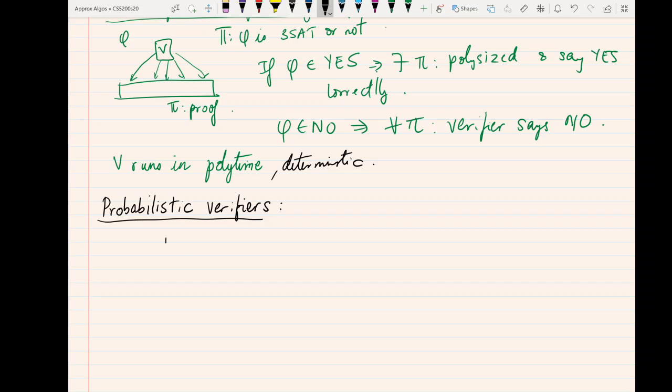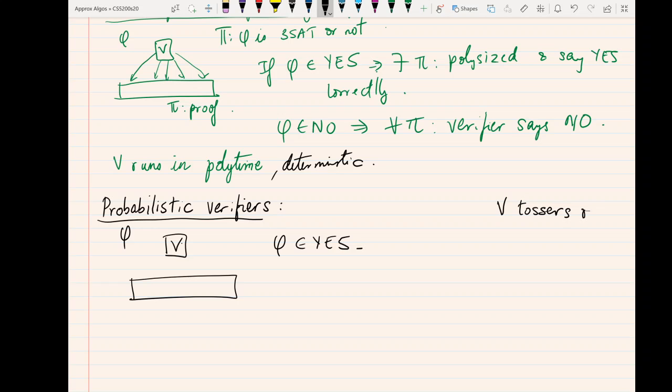That under the same setting, given phi, now what does the verifier do? Well, the verifier tosses coins. The verifier looks at the outcome of these coins and decides to probe certain locations in the proof.